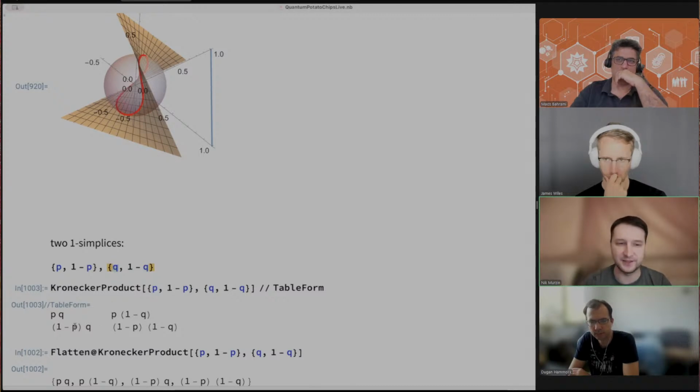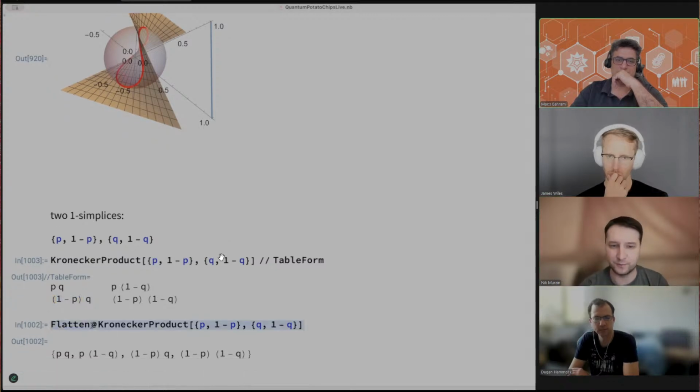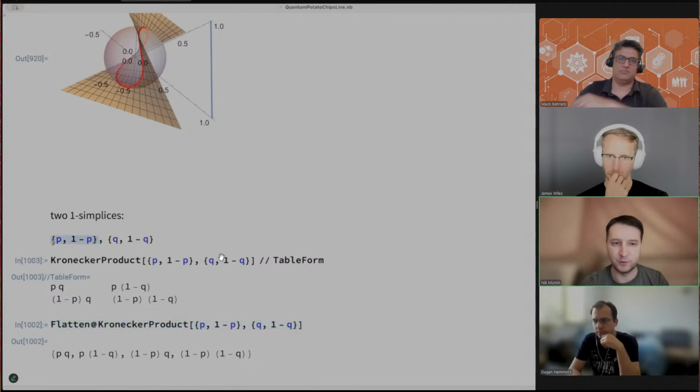The joint probability table is just the Kronecker product of those two. It says what is the probability of both of them landing heads, the probability of one of them landing heads and another tails, and so on. So that's just a natural way to make a joint probability distribution over two independent coins.